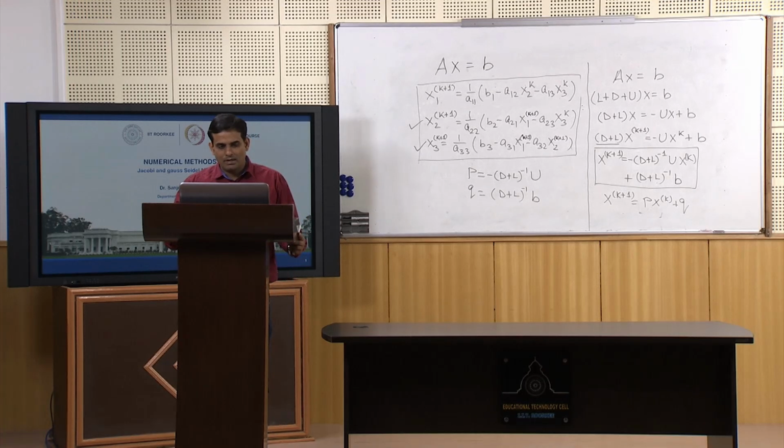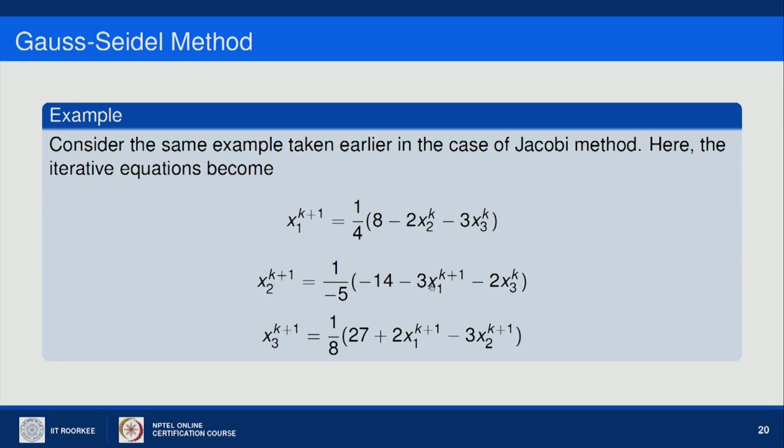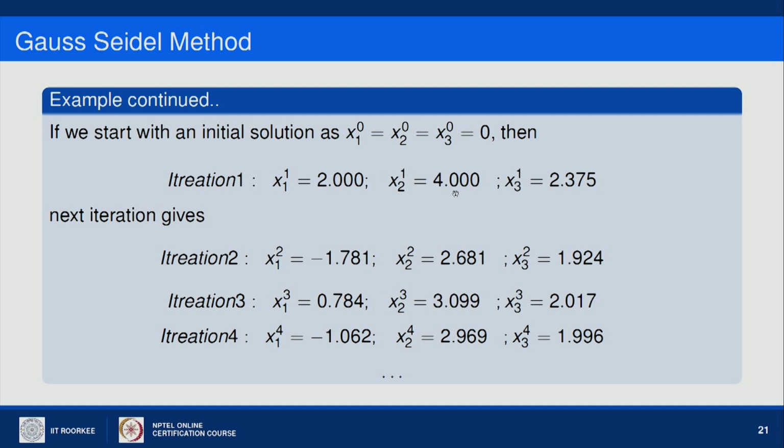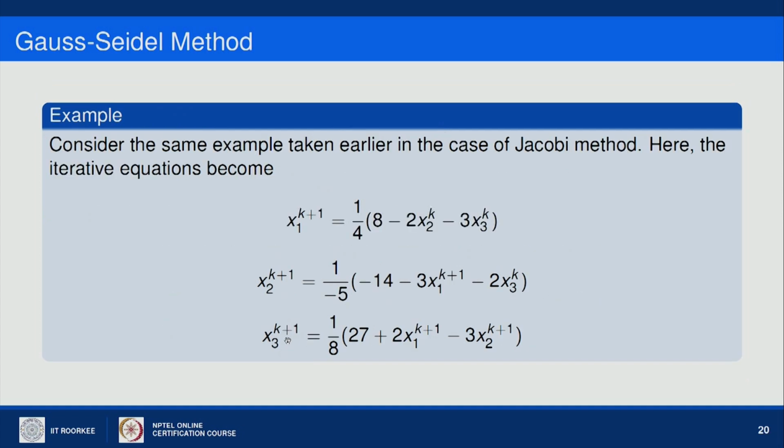So x2(1) equals minus 1 upon 5 times (minus 14 minus 3 into 2, that is minus 6, minus 2 into 0). Here x2(1) becomes minus 20 upon minus 5, that is 4. Finally x3(1) becomes 1 upon 8 times (27 plus 2 into 2 minus 3 into 4).